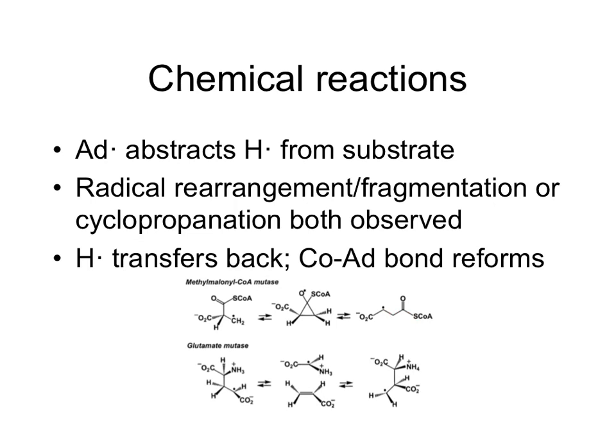And then glutamate mutase undergoes a radical rearrangement. So the first radical is formed, this part pops off as a radical, and then it adds onto the other carbon. So these skeletal rearrangements are what these radical reactions do. Finally, the H dot that's on the adenosine transfers back to the substrate, reforming the cobalt adenosyl bond.